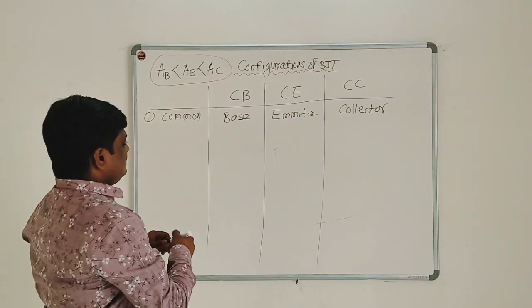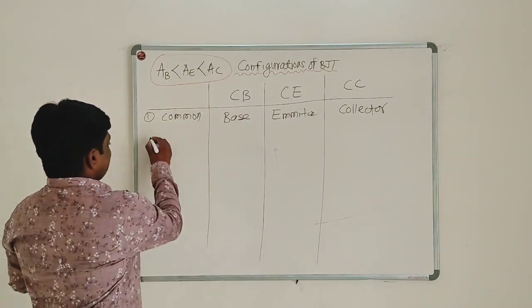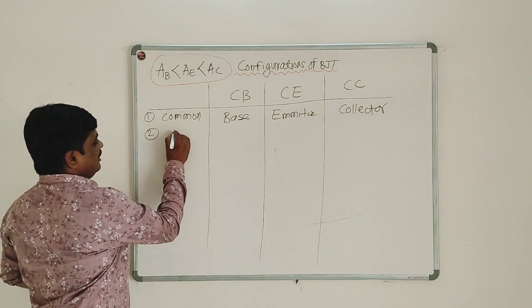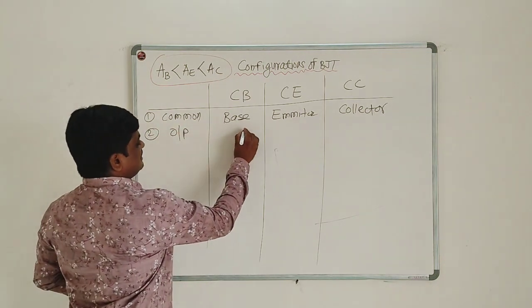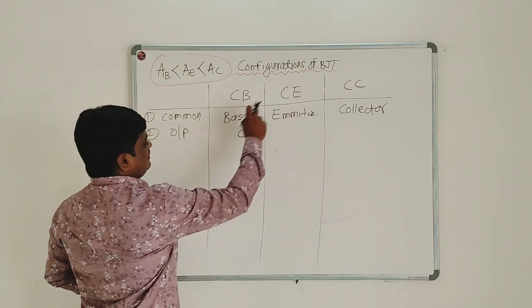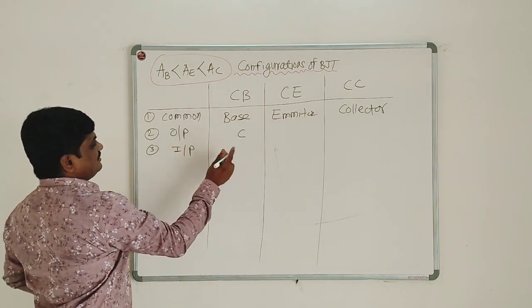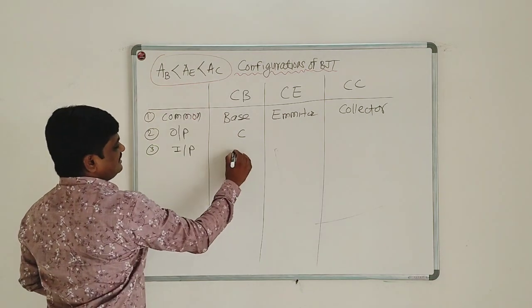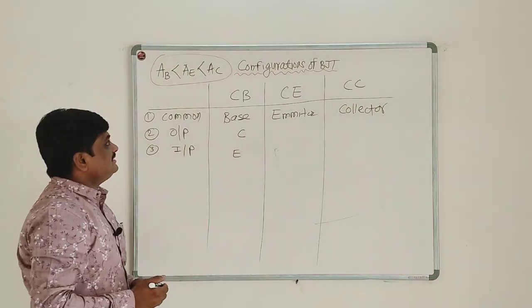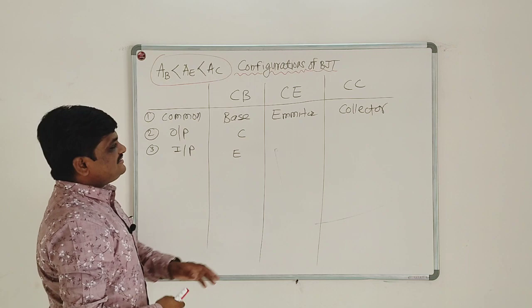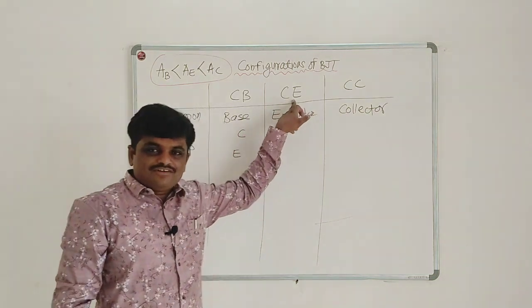So here in common base configuration, the output terminal is collector terminal. Now the input terminal of common base configuration, obviously the third terminal, that is emitter terminal, is the input terminal.